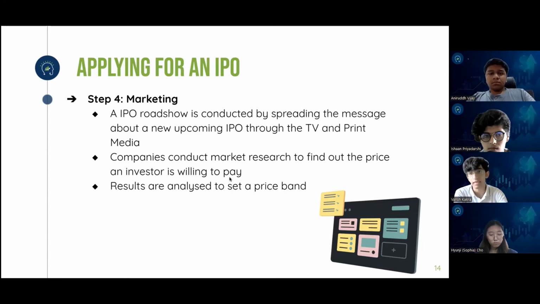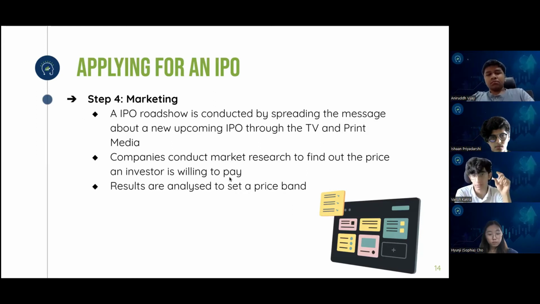So ultimately, if you, as an investor, see it on TV or print media, you will create a sentiment around the share, and you'll say, okay, this share is worth this much money because I've looked at the financials and it seems to be valued at this price, right? This general sentiment is taken by the merchant bankers and analyzed, and then the price band is decided.